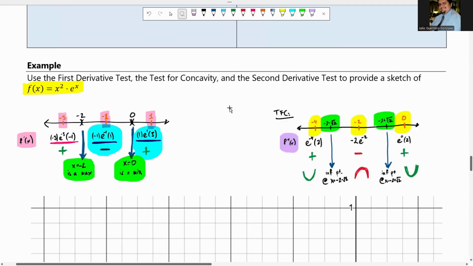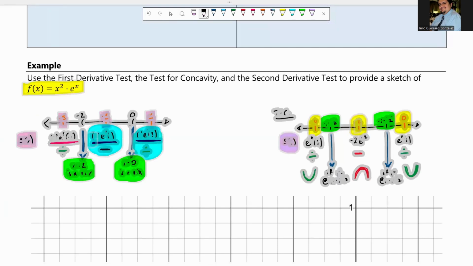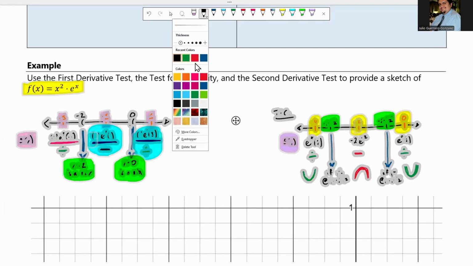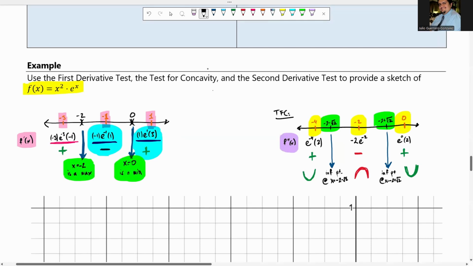And I should put here first derivative test.